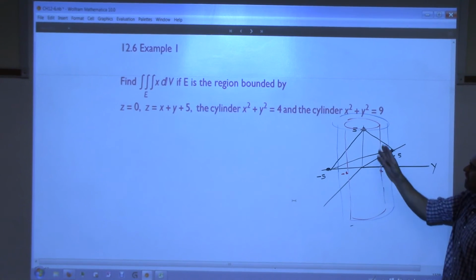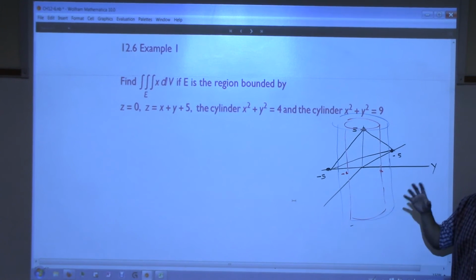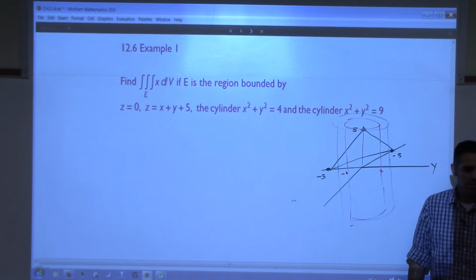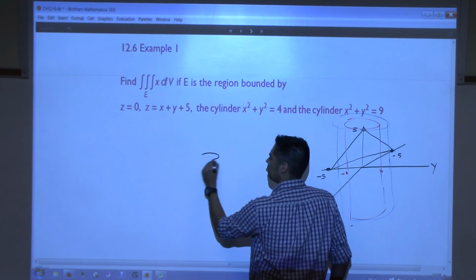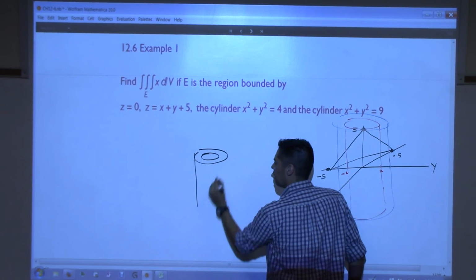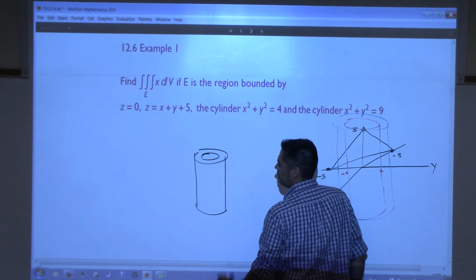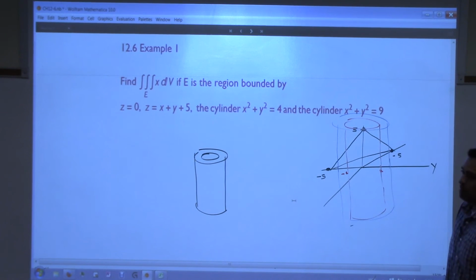Forget the plane for a second. If it was the region between the two cylinders, what does that look like to you? A piece of PVC, a toilet paper or paper towel roll, whatever.